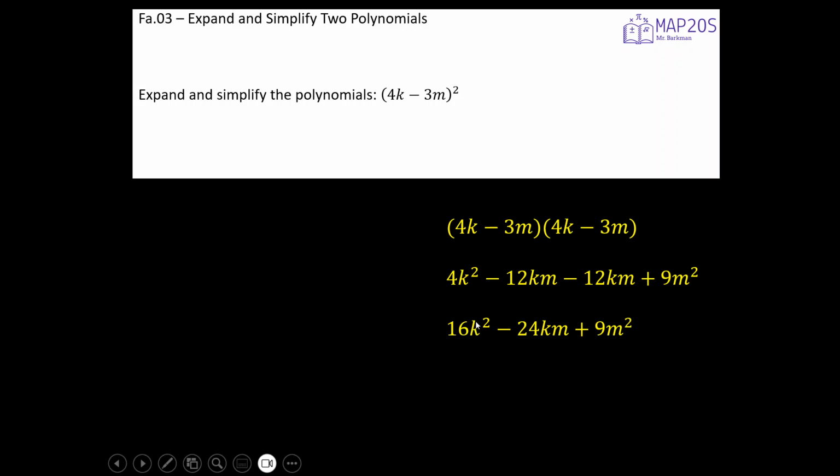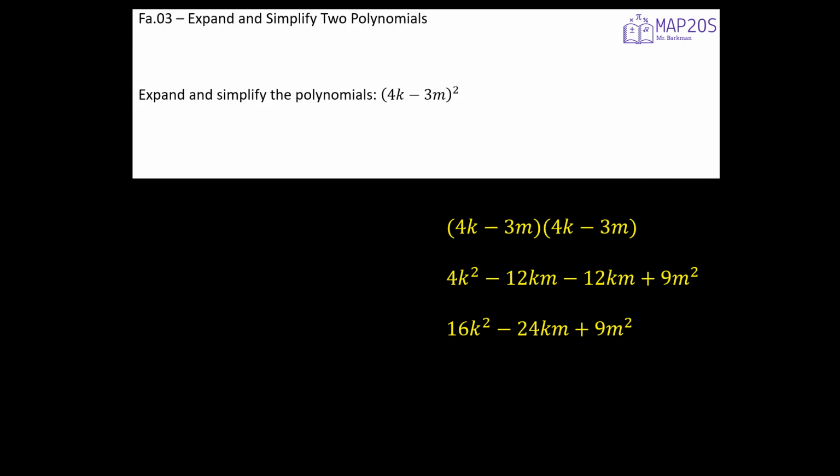The 16k squared, okay, so 4k squared is 16k squared. Negative 3m squared is 9m squared. And then if we do 4k times 3m, we're going to do it twice. So we multiply that by 2. 4 times 3 is 12, times 2 is 24. It happens to be negative, and that would be our middle piece, and we can use that to solve.